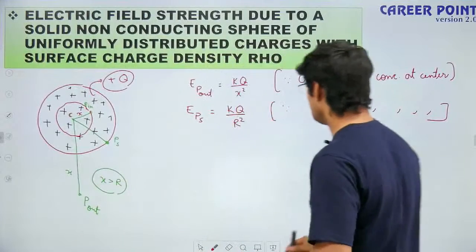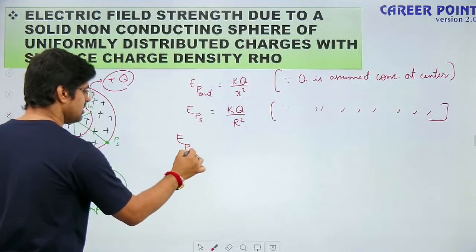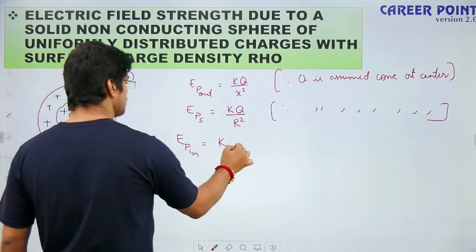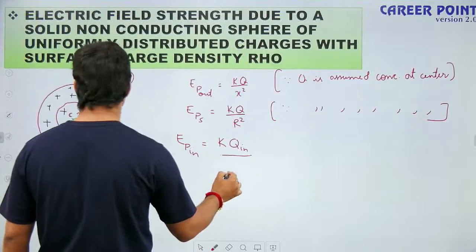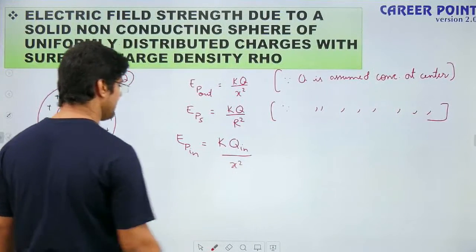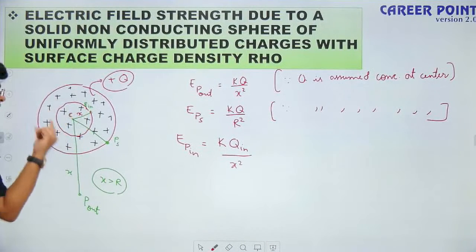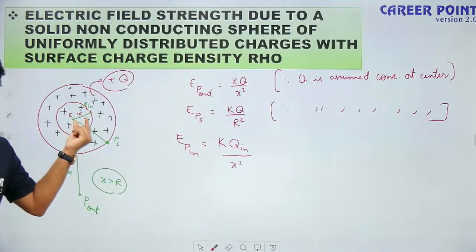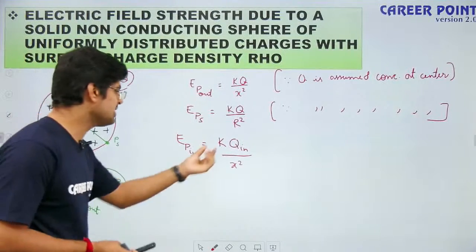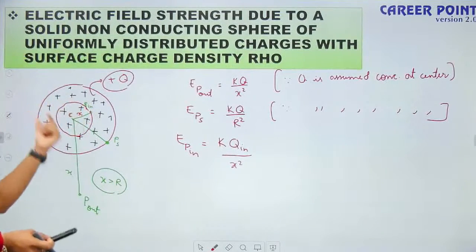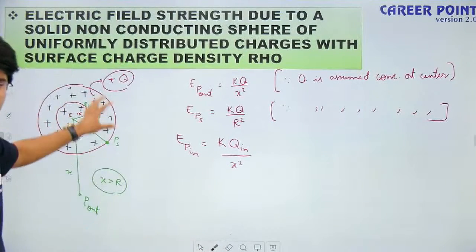So electric field at inside point P in will be equal to K Q inside divided by distance square, which is x square, because that is the radius of the sphere we have considered. But I don't know what the charge inside this sphere is. Do we know the charge present all over the volume?